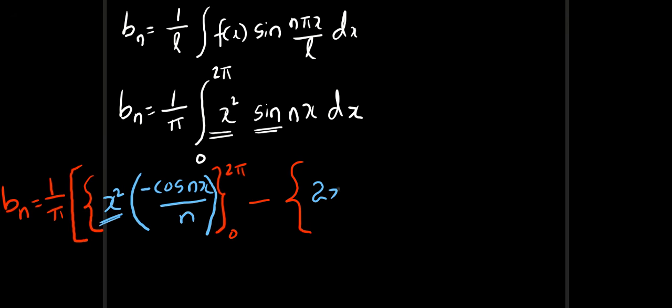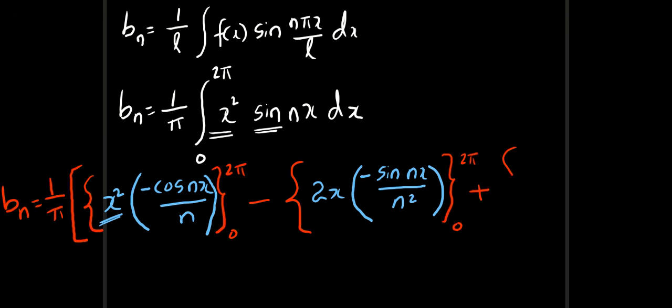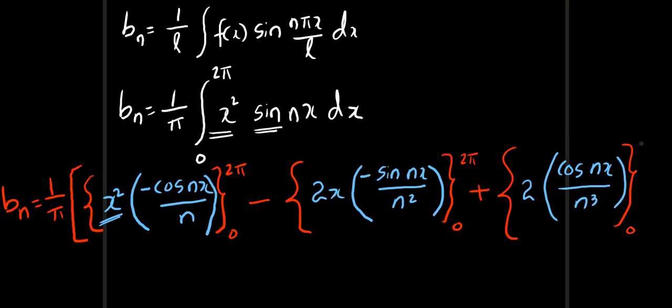It will become 2x, and the quantity inside the bracket, once we integrate, will become minus sine nx the whole divided by n square, and within the limits 0 to 2 pi, plus if you differentiate 2x, I'm sure you know you will get 2, and the integral will be cos nx by n cube, and the limits will be 0 to 2 pi.